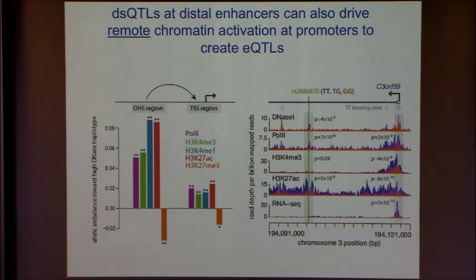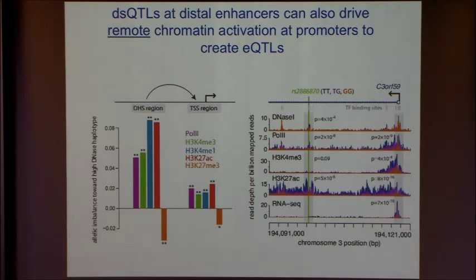Here's an enhancer region. There's a SNP in this enhancer that affects DNase1 sensitivity and histone marking here. It also affects the function of this promoter, which is about 25 kilobases away. And this is quite a common kind of feature, that you have long-range effects on chromatin from one site to a distant promoter.